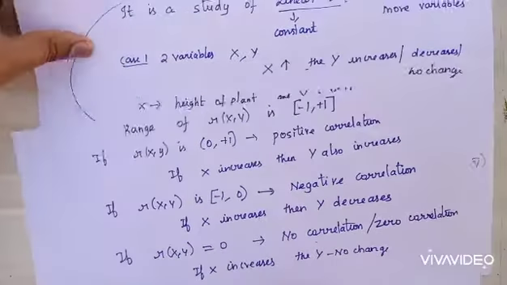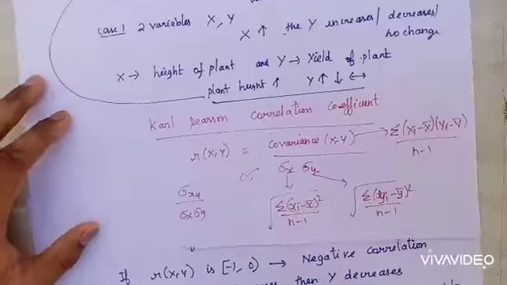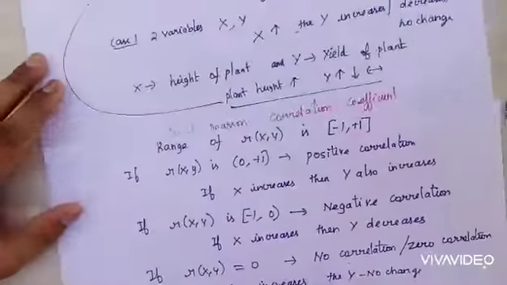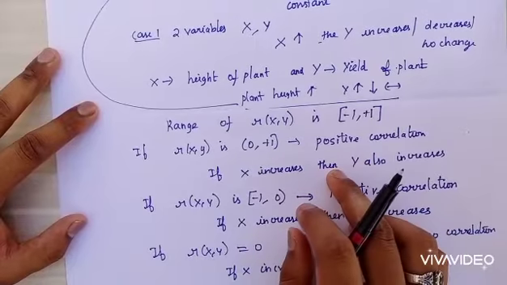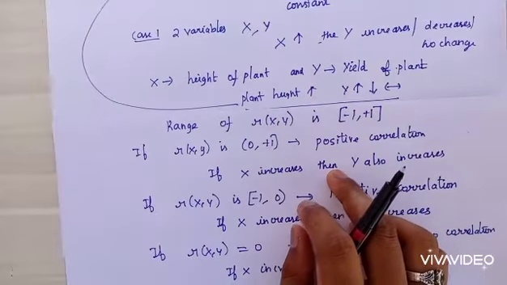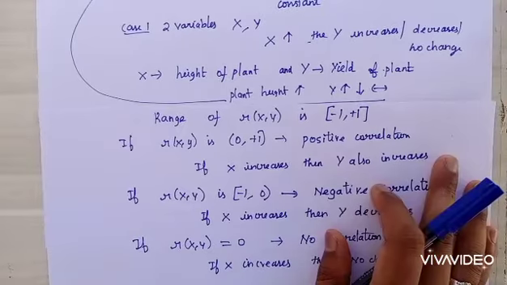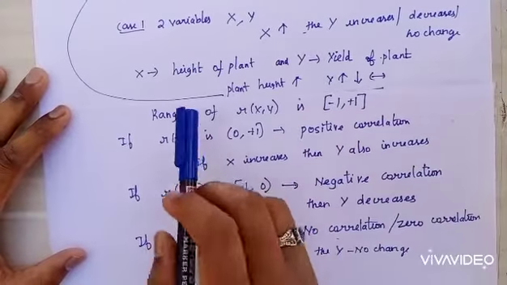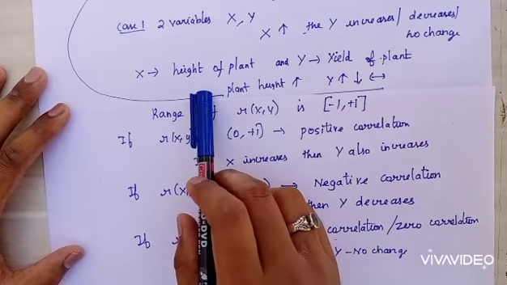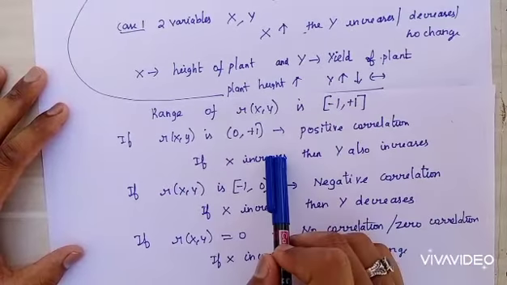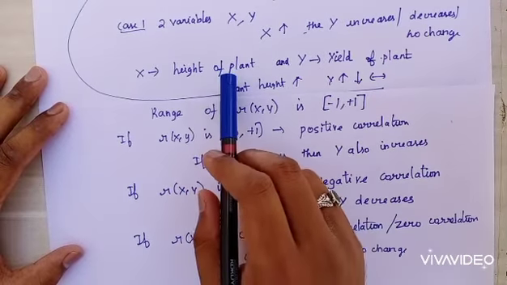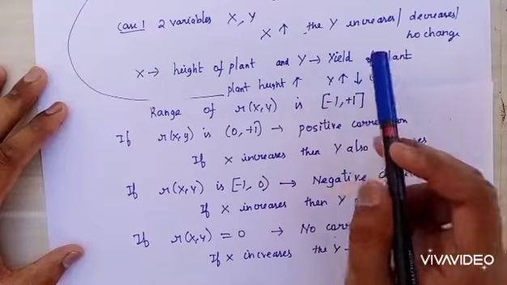See this example. In positive correlation, for example, if the correlation between the plant height and the plant yield is positive, then the meaning is if the plant height increases, then the yield also increases.